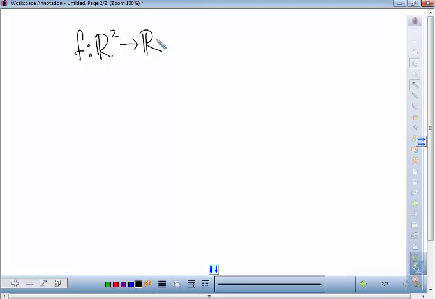Okay, that's a good description. Matt, were you going to say something different? I was going to say something similar to that. Okay. So f is a function of two variables. We input two variables. You input two numbers, two real numbers, and then your output is whatever your output is.